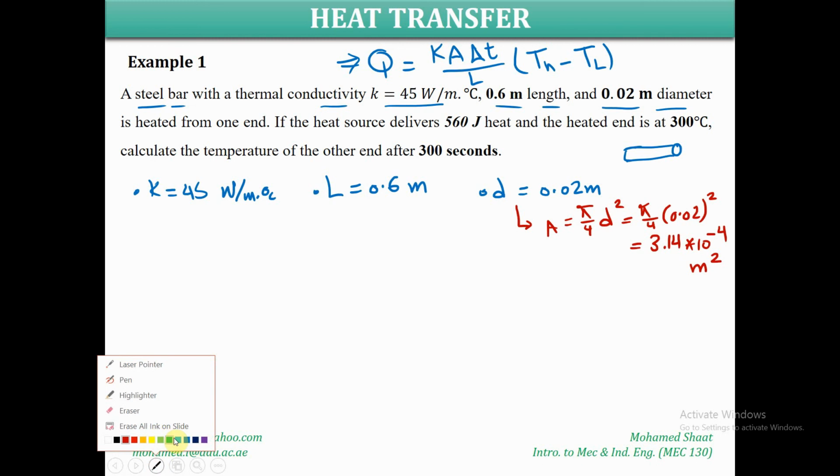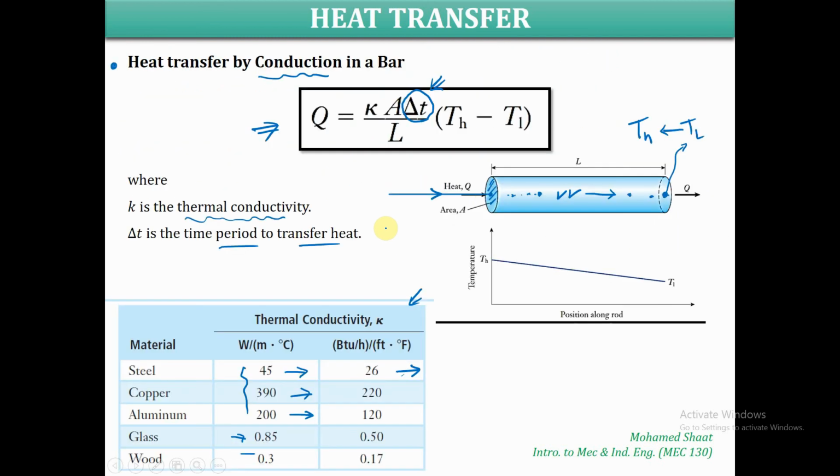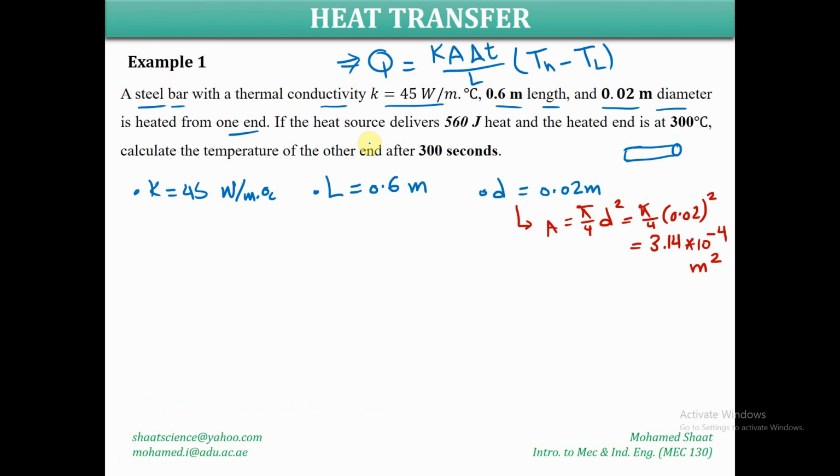Then carrying on, the bar is heated from one end. We have this steel bar with this specification of length and diameter, and thermal conductivity, made of steel, and it is going to be heated from one end, typically like this example here, where this is the heat source that we have. If the heat source delivers 560 joules, from the unit we can understand that this is energy.